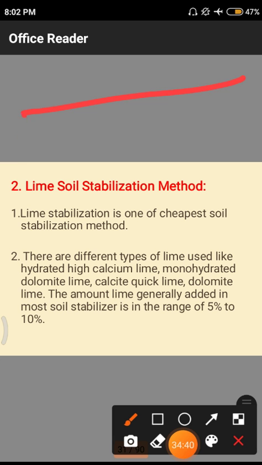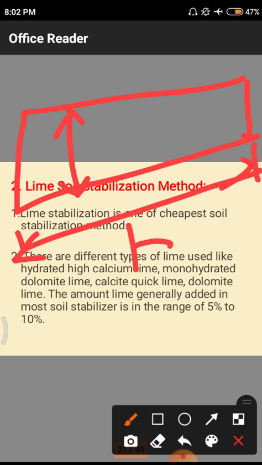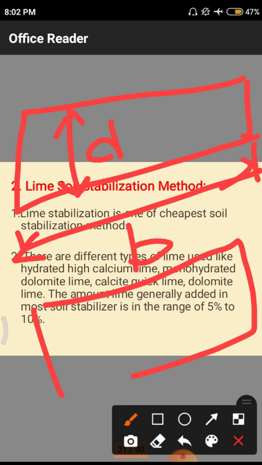If this is the total surface, for this particular surface we have breadth B and depth D, and automatically we have area. With those three we have to calculate the volume.